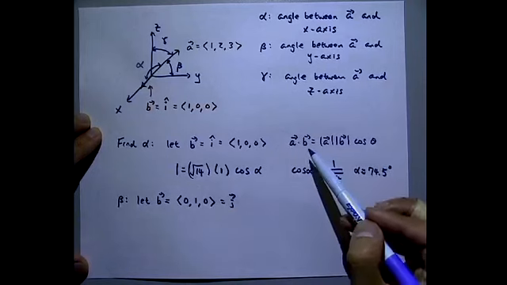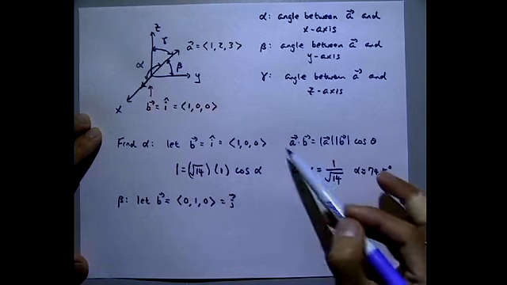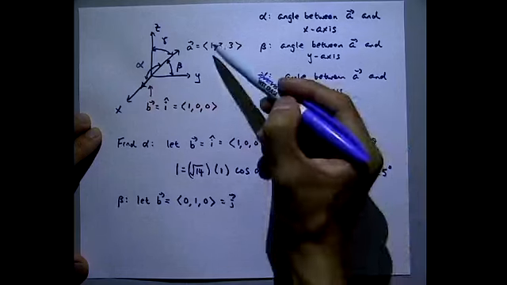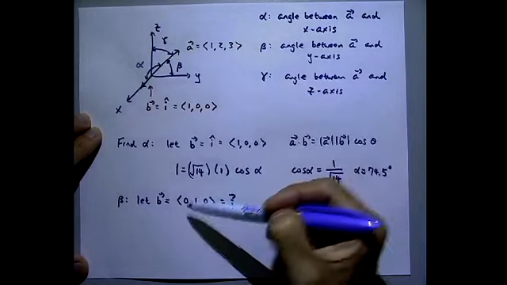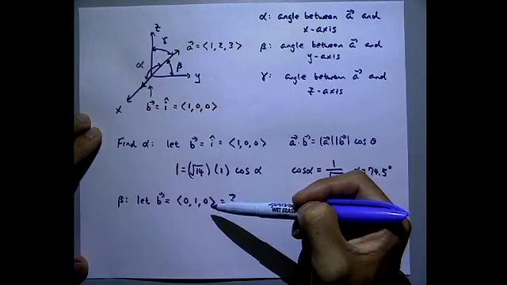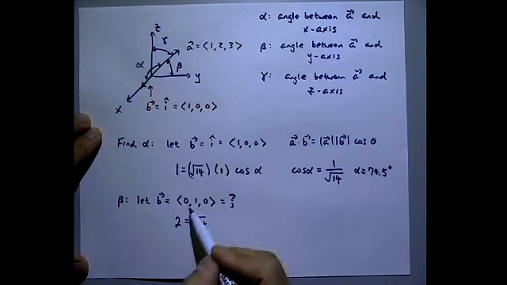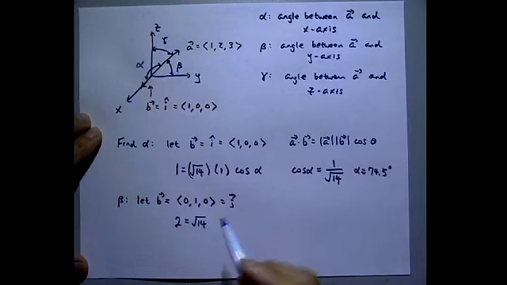What would a dot b be this time? 2, right, because 1 dot 0 is 0, 2 dot 1 is 2, 0 times 3 is 0. So we just get a 2. Magnitude of A is radical 14. Magnitude of B, we use the unit vector, so it's a 1.